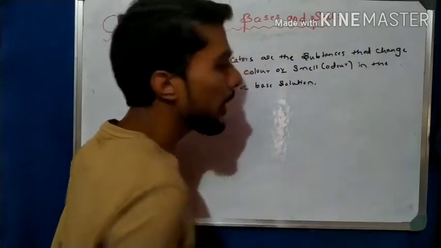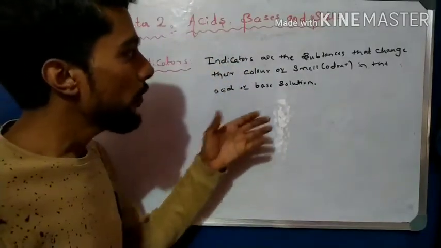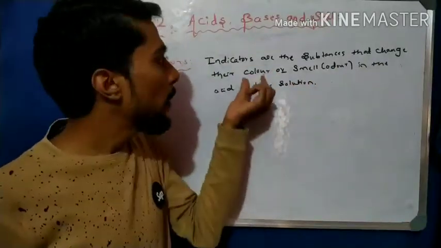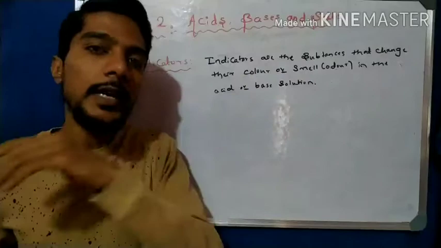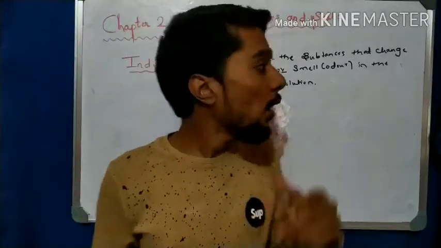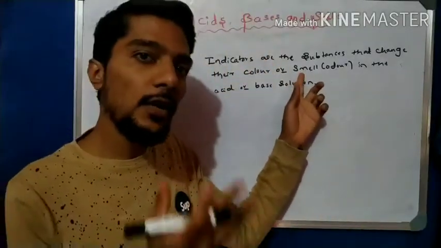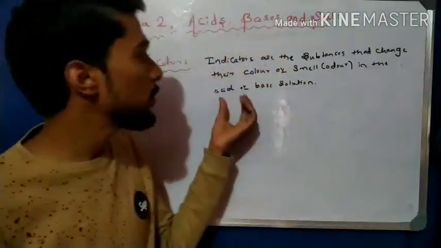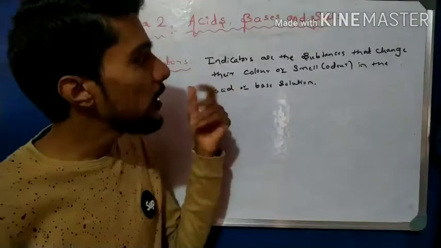By changing the color they indicate whether it is acid or base, or sometimes some indicators follow the smell: if the smell is changed, then they say that the substance is base or acid. So this is the definition.